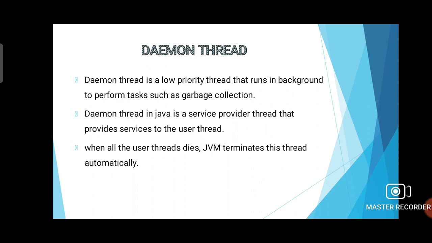So the daemon thread is called a service provider thread since it provides several services to the user thread. Whenever the user thread is terminated, the Java virtual machine terminates the daemon thread automatically.